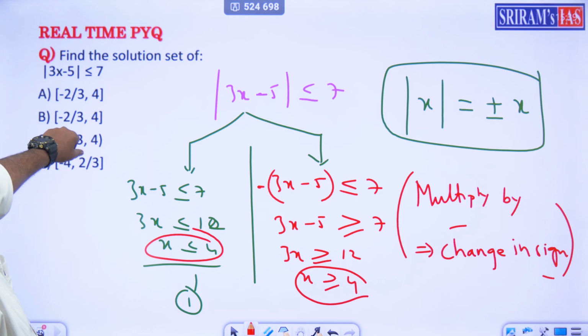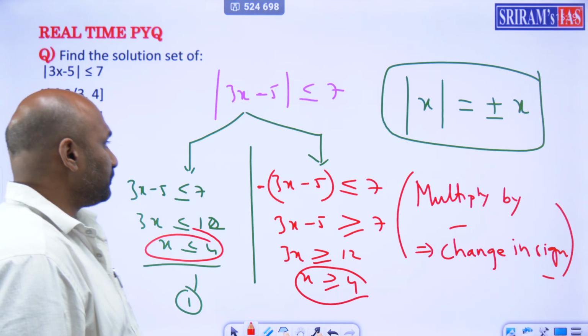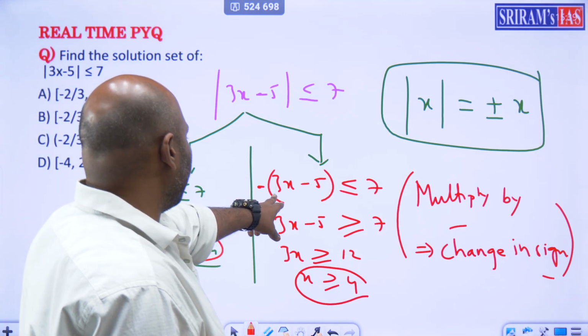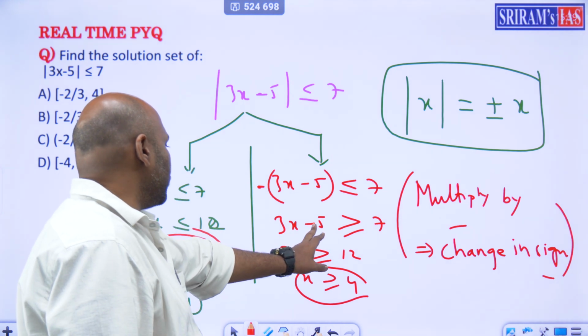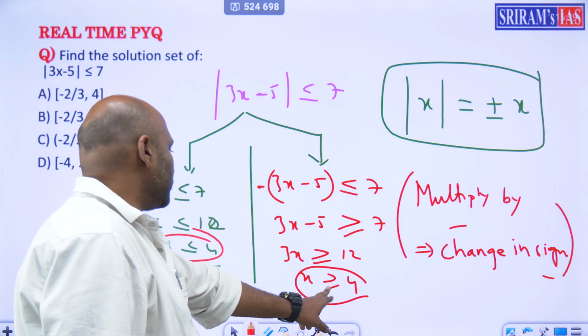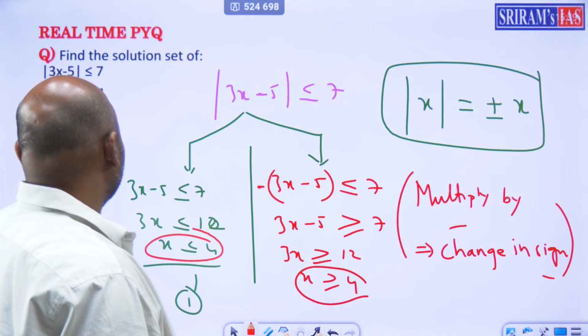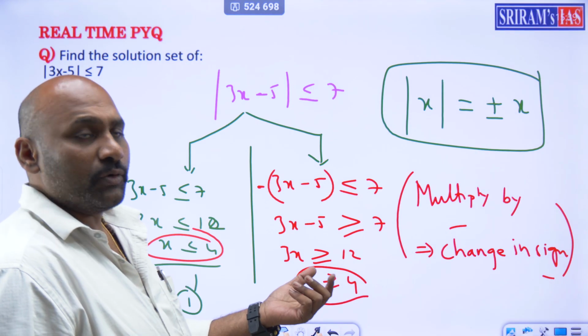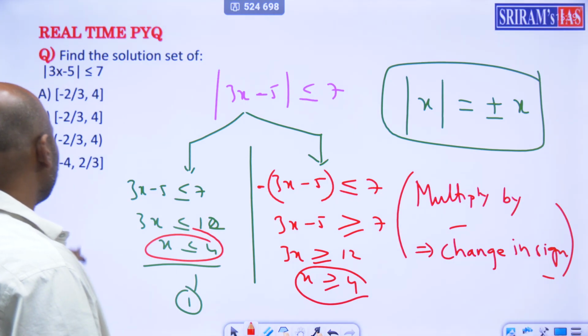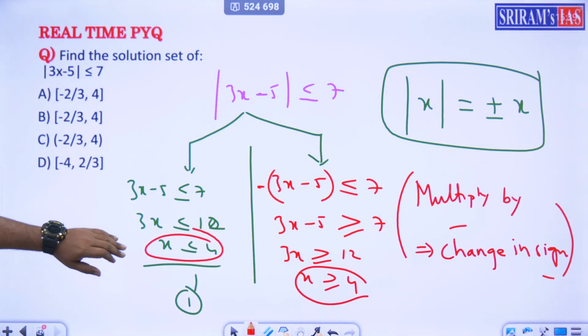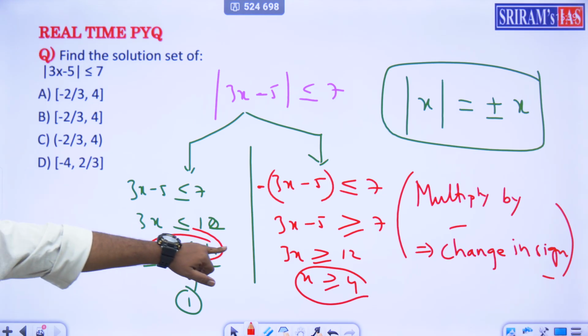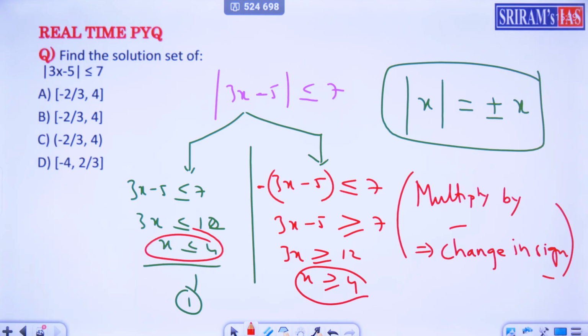So, find the solution set. Adding 5, 3x is less than or equal to 12, so x is less than or equal to 4. I need a value which is less than or equal to 4 or greater than or equal to 4. From the options, if you observe, is there any value greater than 4?